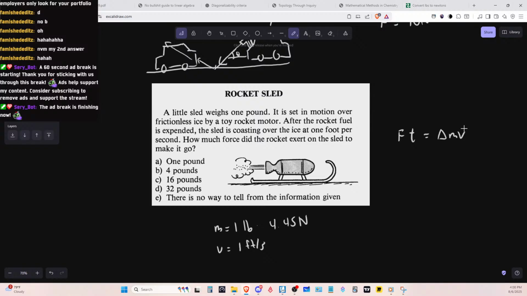Let's see if there's anything in the question about that. No, there's nothing about that. So we don't know how fast the rocket was going.